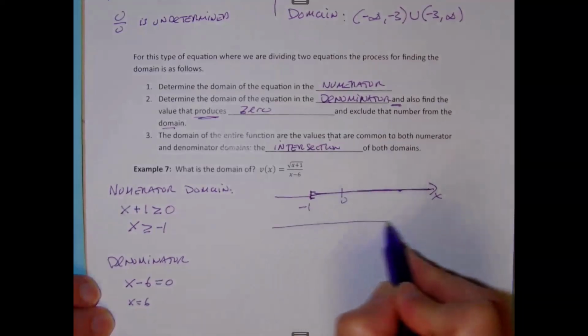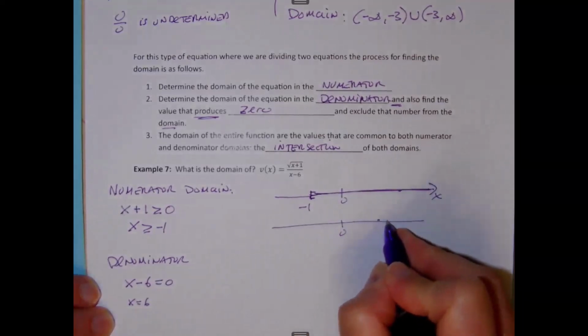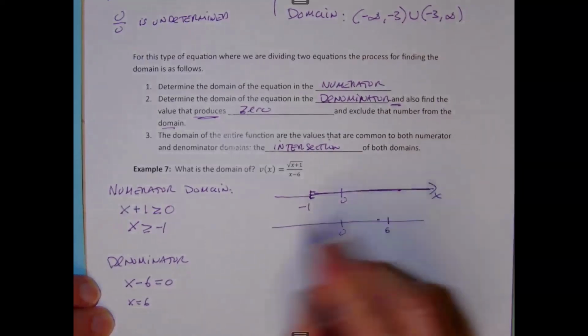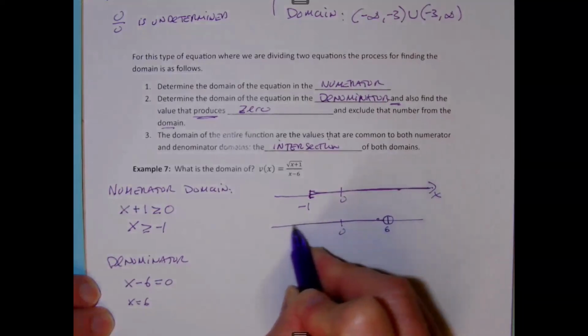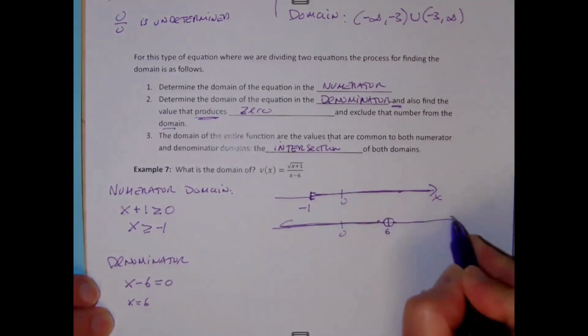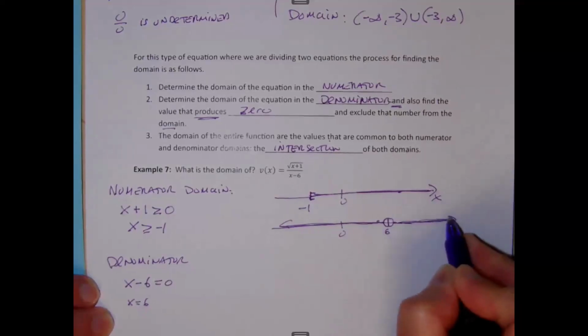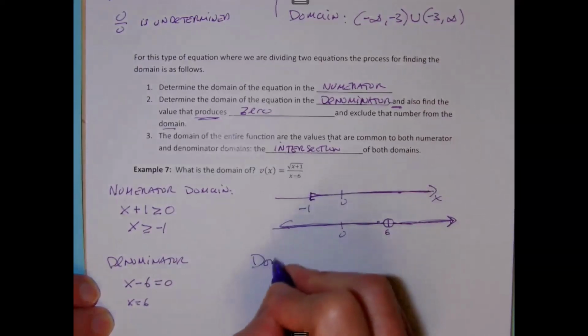When I look at the denominator, I can use everything except for 6. 6 is the only thing that I'm not allowed to use. So now, what's common to both?